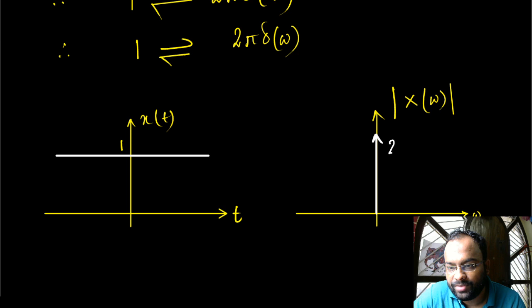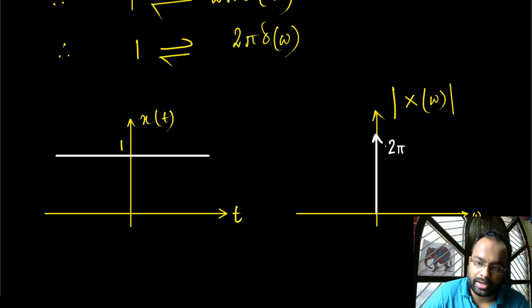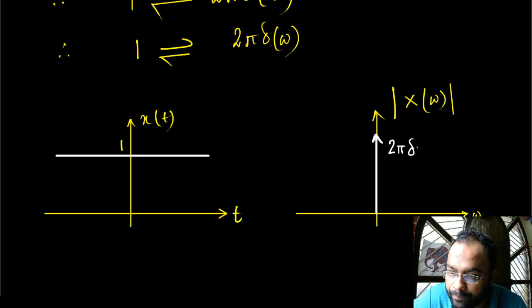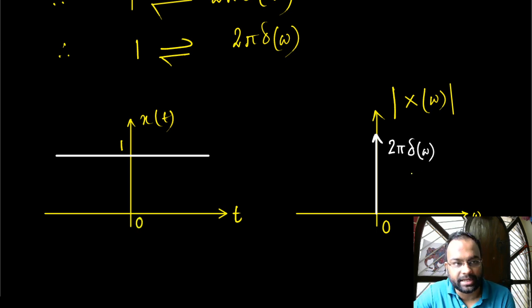What is the area of the impulse? The area of the impulse is 2 pi, for example, so this is 2 pi delta omega. Now the question is, what are the frequencies present in this signal? This is a constant signal throughout, so it's a DC signal, right?